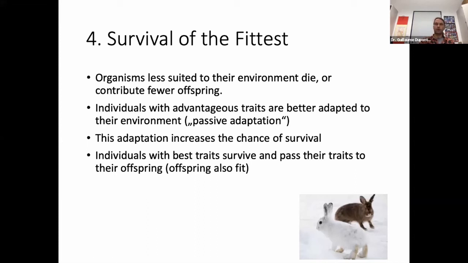If you're a hare or a rabbit in the Arctic and your fur or your coat is dark, the chance of being seen by a predator is much higher than if you're white. So survival of the fittest here means that a white individual is better suited to survive and will have a higher chance of reproducing, and thereby the population will shift over time quickly to a white population because all the other ones will probably be eaten.